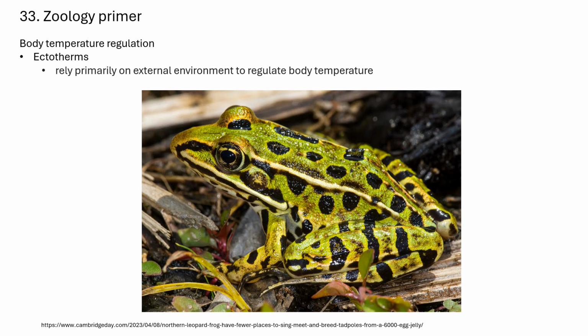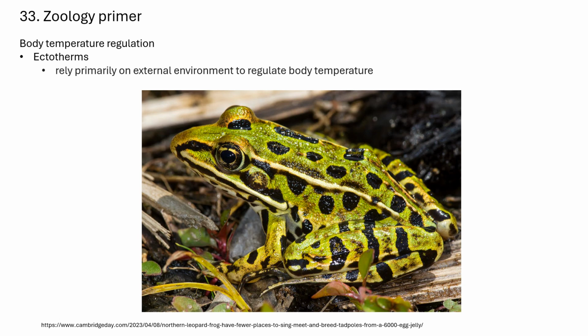To do this, we'll think about a couple of terms that might be new to us. So let's first consider temperature. We just got through thinking about how trees deal with temperature changes, and they have that cold acclimation, which was fascinating. But with animals, some animals, we're going to use the term ectotherm.